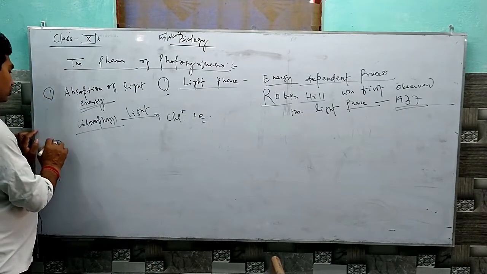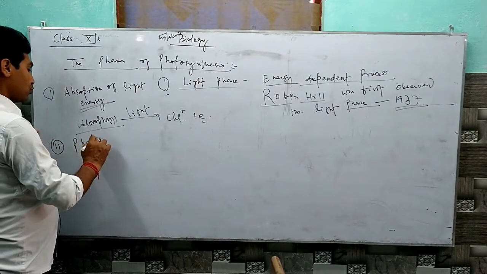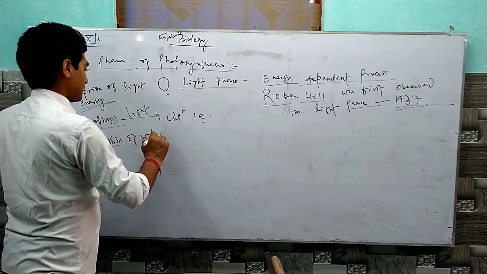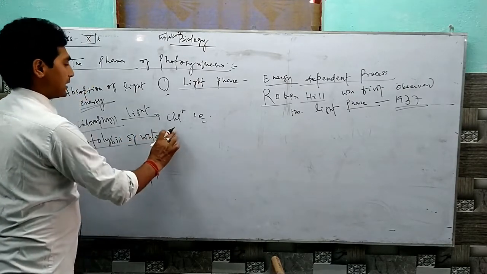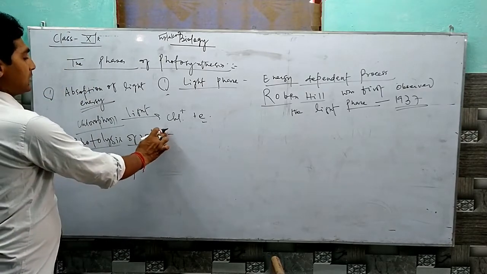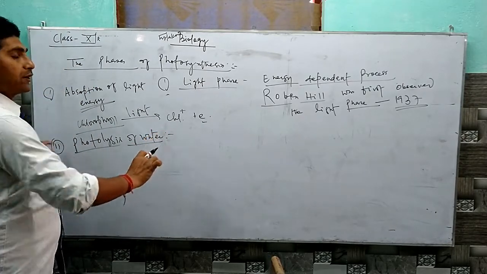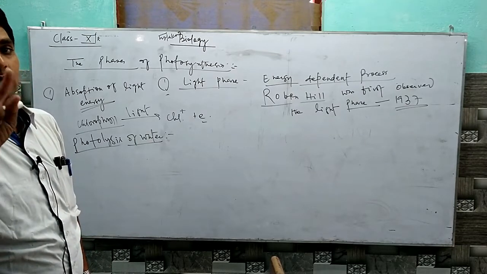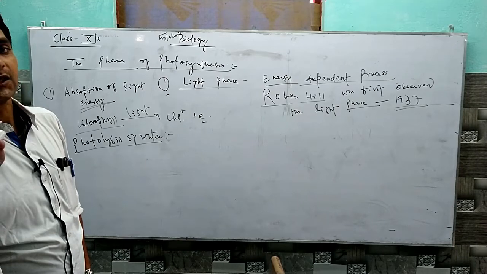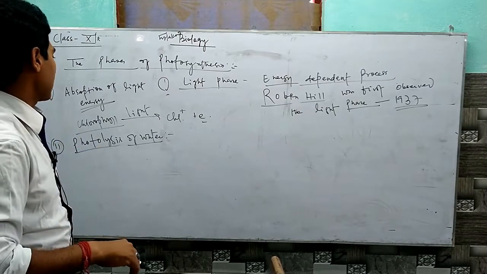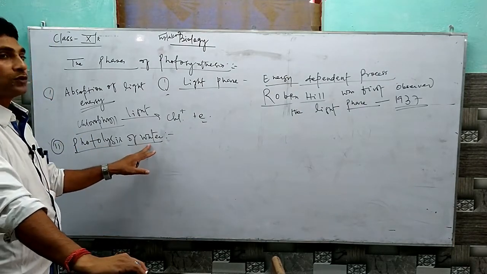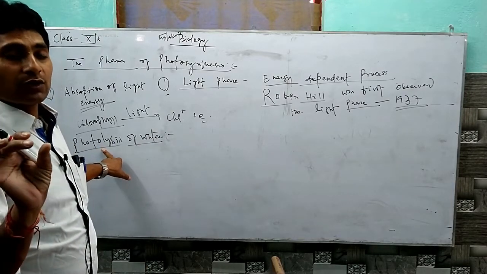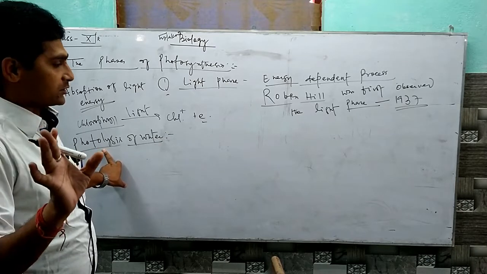Second is the photolysis of water. Dear students, as I just stated, in the mesophyll area thin films of water are present around the cells of palisade tissue and spongy parenchyma. So this water undergoes photolysis. Photolysis means the breaking, the decomposition of water molecules by solar radiation.